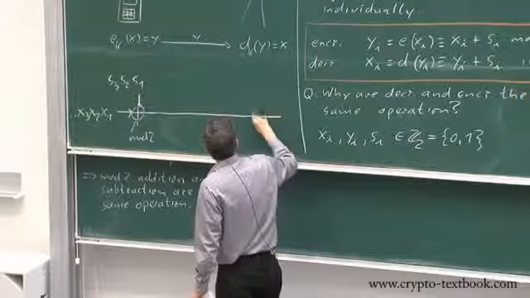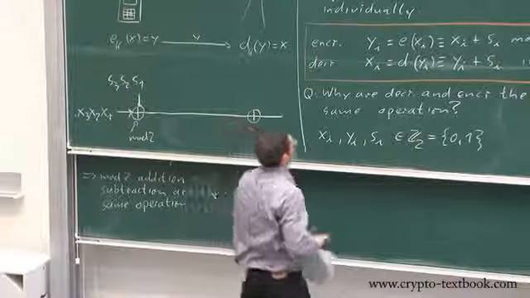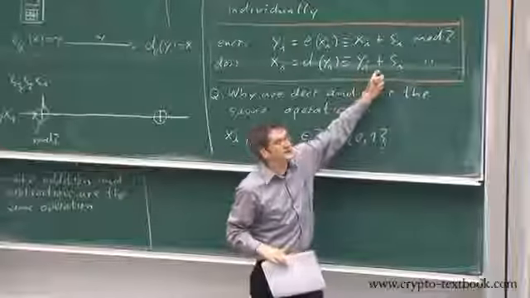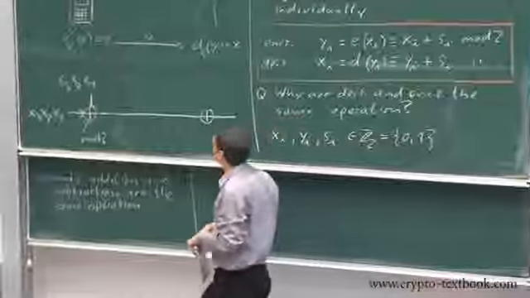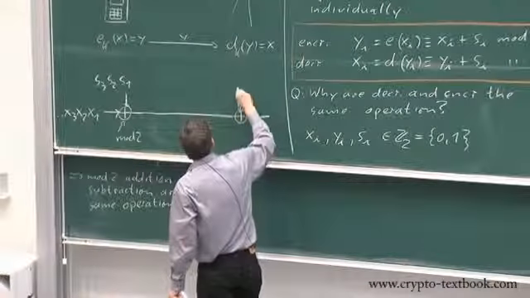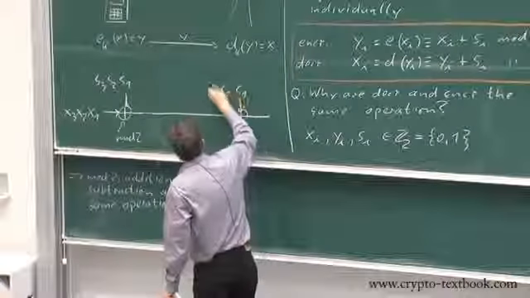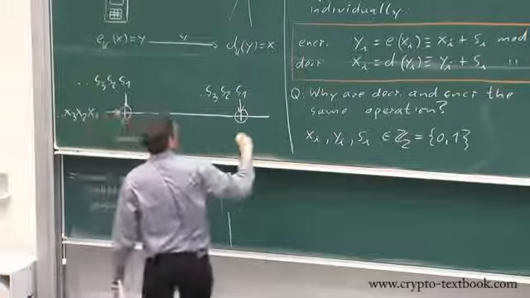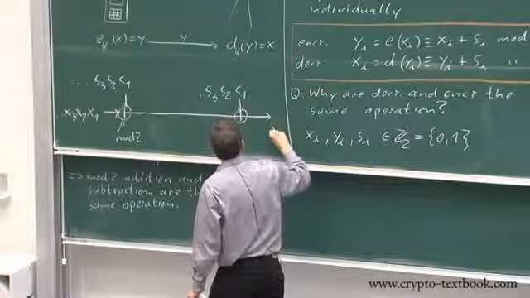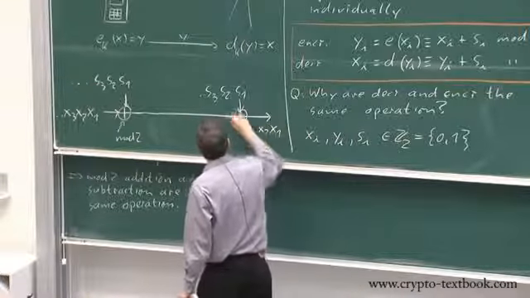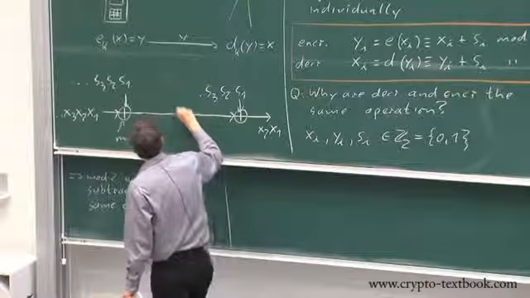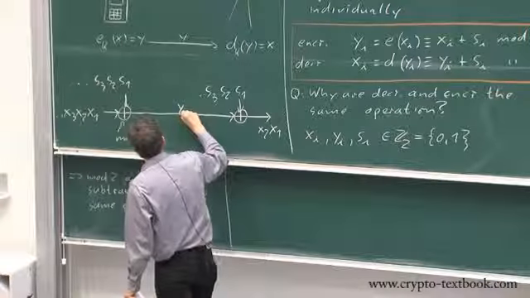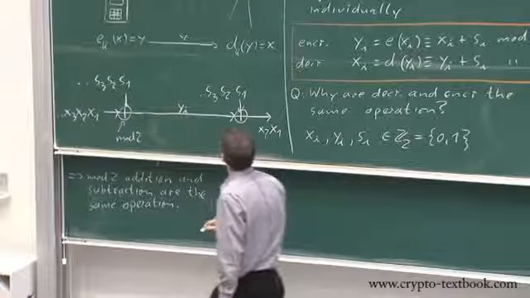On the receiving side, you do the same. You take y1, you add s1 to it, then s2, s3, and so forth, and your result is again x1, x2. In the middle of the channel, we have the sequence of yi.